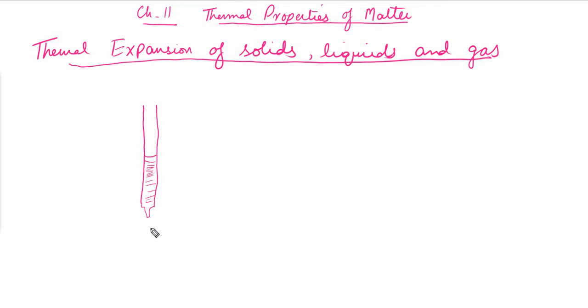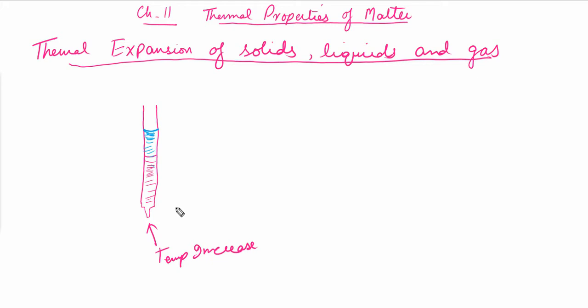If the temperature increases, it will expand this liquid, and when this liquid expands, the level of this liquid will increase up to, let's suppose, this level. Due to the heat, the liquid in the thermometer has expanded, so that we can measure the temperature according to that expansion. This is a very common example of thermal expansion. Over here I'm only discussing the example of the liquid.